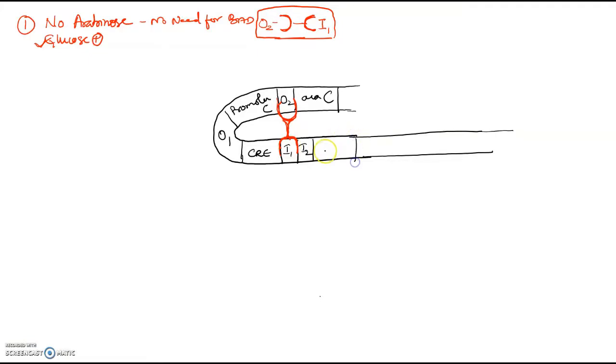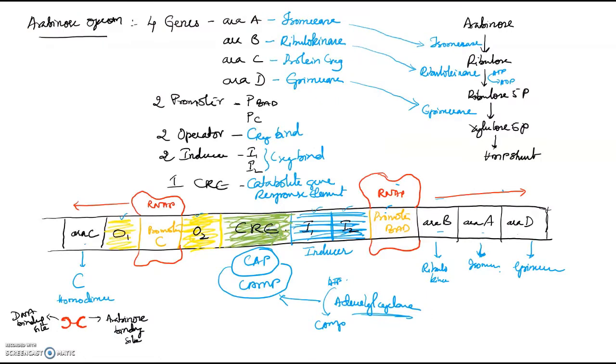After this, we had the promoter region for BAD. This is the main operon BAD. Now there is I2, I1, CRE region, O2, promoter C, O1 and OR.